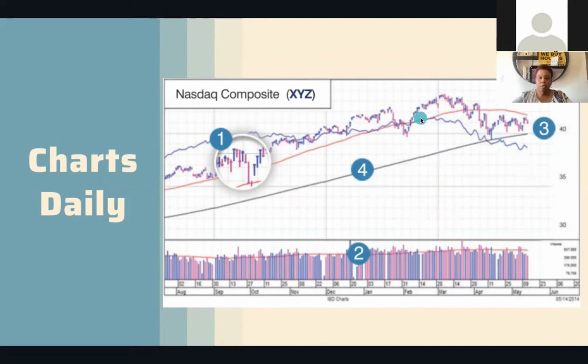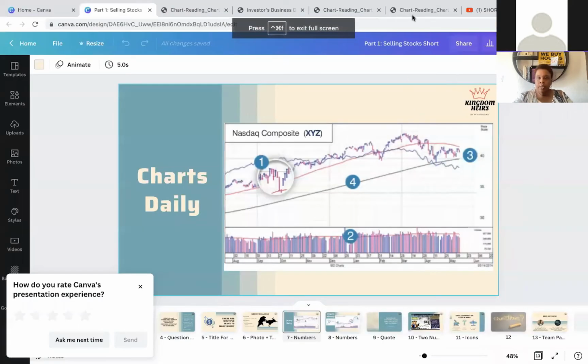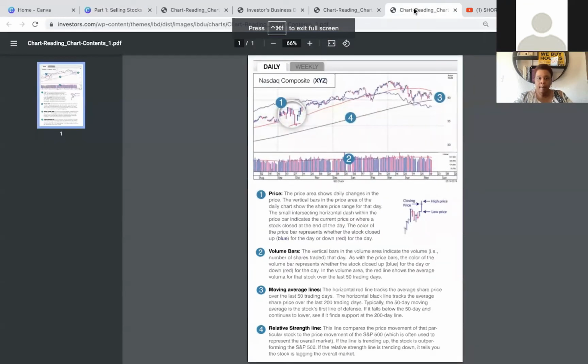So I'm just gonna decrease my screen and pull up the actual chart. Okay, so here's a daily chart. And it tells you a breakdown of what each line means. Number one is the price.